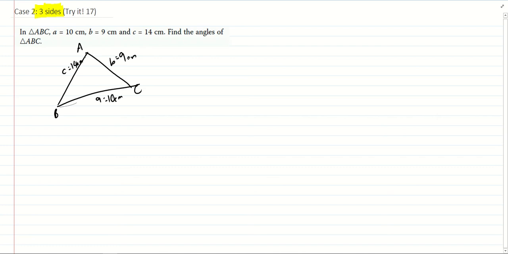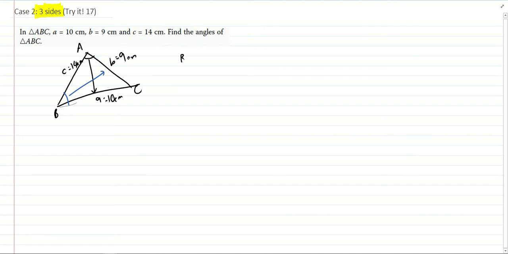Okay, so if I want to find this angle over here, then the left hand side of the cosine rule must be this length over here. Because they already labelled A, B, and C for us, let's use that as our working. Okay, because it's nicer.